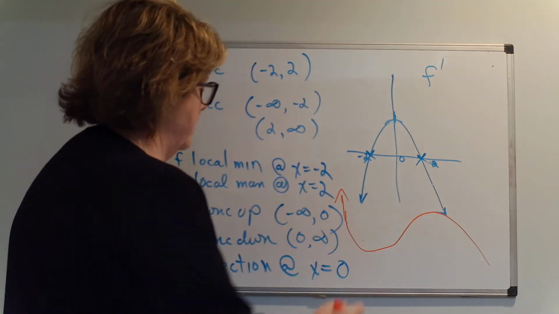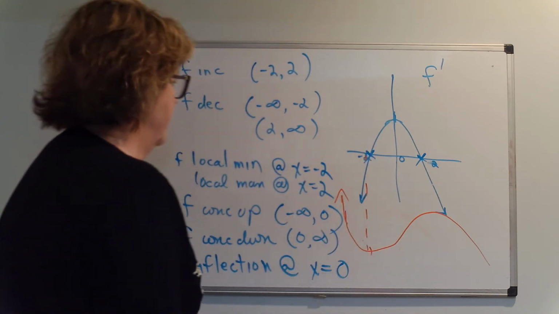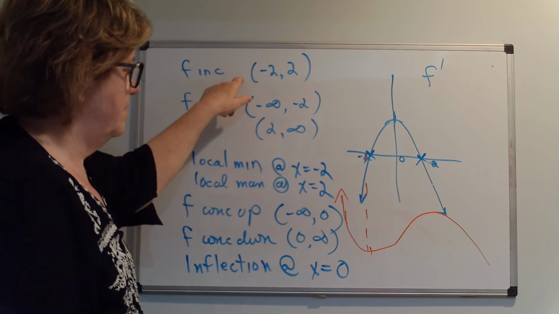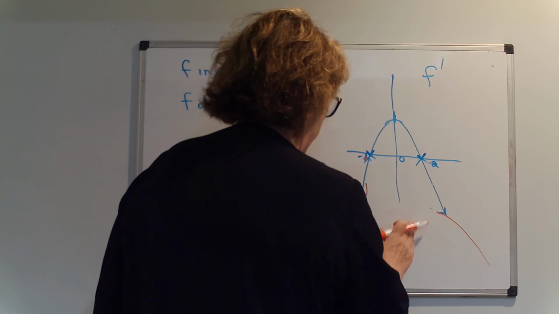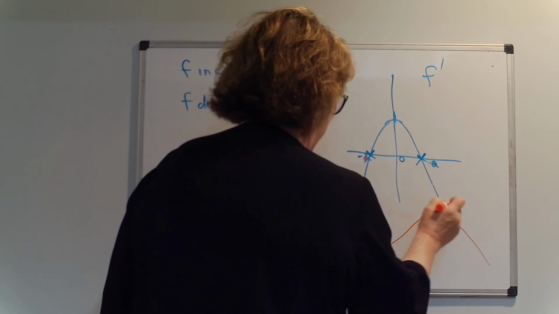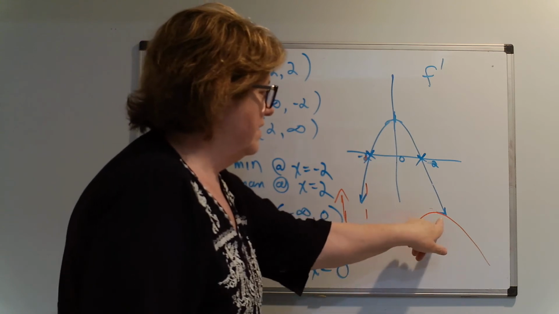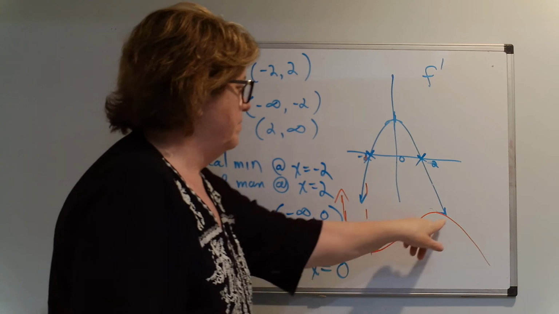It's decreasing, we get to negative 2, then it's increasing here, and then it's decreasing again after 2, so it hits a local minimum, then a local maximum.